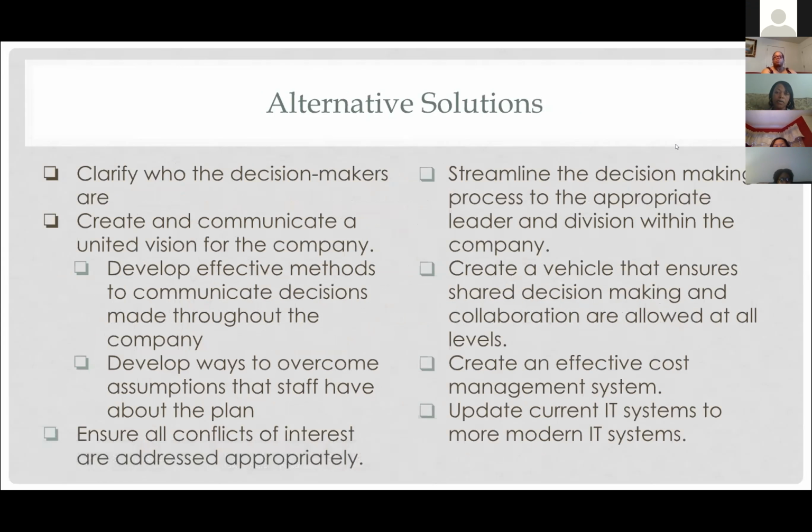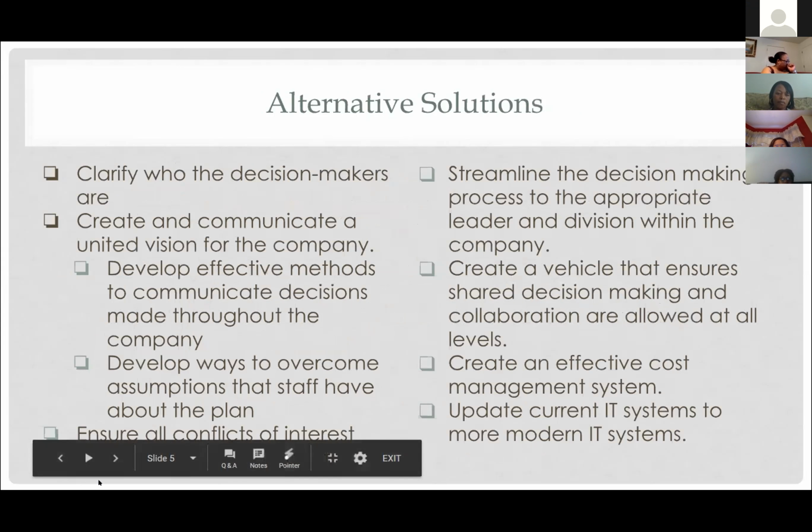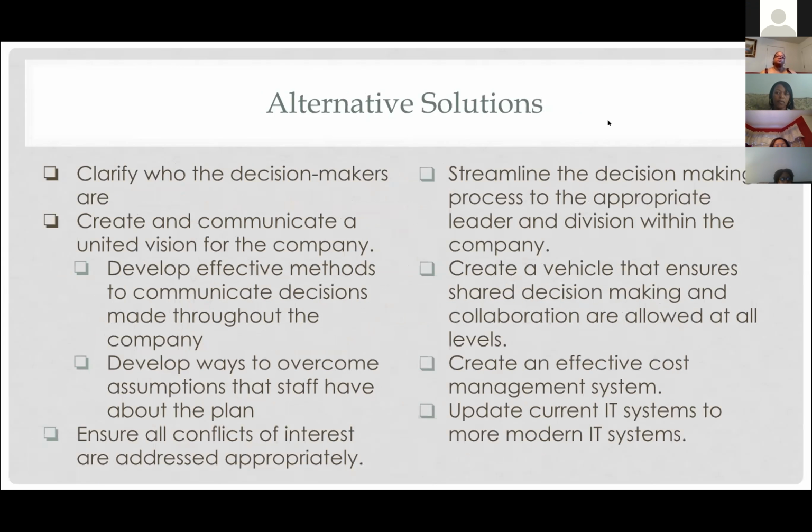Okay, alternate solutions. One, clarify who the decision makers are. A united vision for the company. Develop effective methods to communicate decisions made throughout the company. Develop ways to overcome assumptions that staff have about the plan.